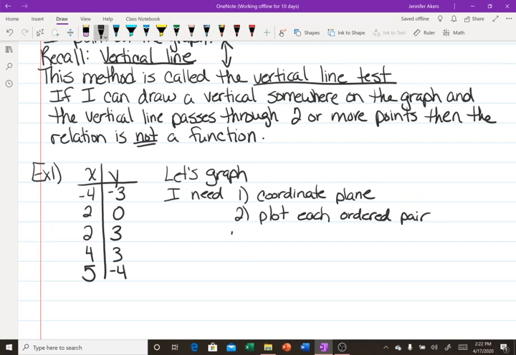Okay, so I have a coordinate plane, 1, 2, 3, 4, 5, and the negatives, 1, 2, 3, 4, 5, and the positives. I'm going to go up 1, 2, 3, 4. I'm going to go down 1, 2, 3, 4.